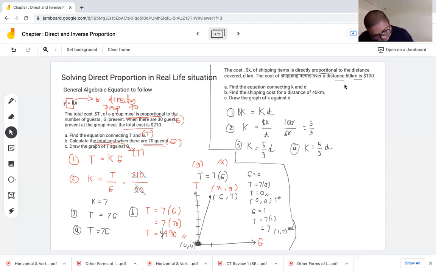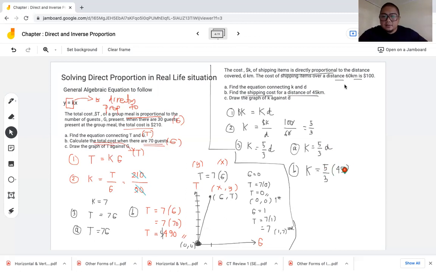And then the B is asking for the shipping cost, which is equivalent to K, for the distance of D, 45 kilometers. So that means we're looking for the K, and we have to understand that the cost is equivalent to 45 kilometers.